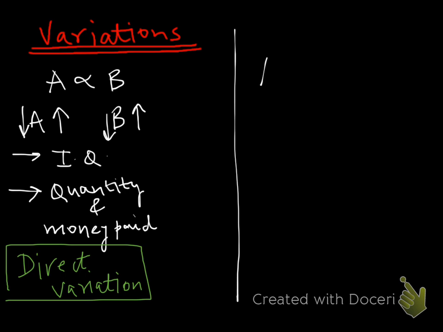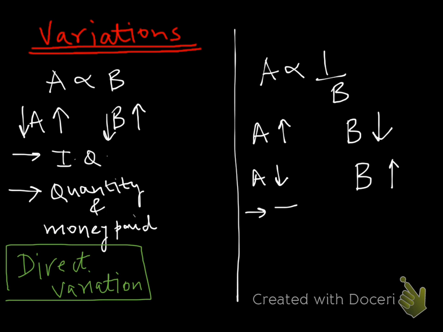Another thing could be if A is inversely proportional to B, which means if B goes down, A goes up, and vice versa, if B goes up, A comes down. The most common, often seen example of inverse variation is time.